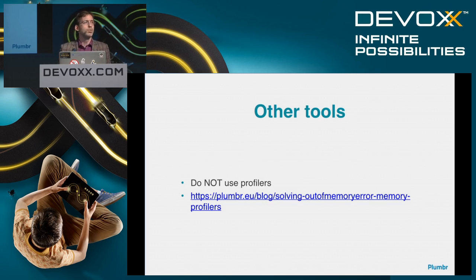Sorry to disappoint you, but Java profilers, YourKit, JProfiler, whatever you name it, are not good tools to solve memory leaks. I know only two tools that can solve memory leaks. One of them is one that we cannot name today, and the other one is Eclipse Memory Analyzer, if you can use it or if you are lucky.